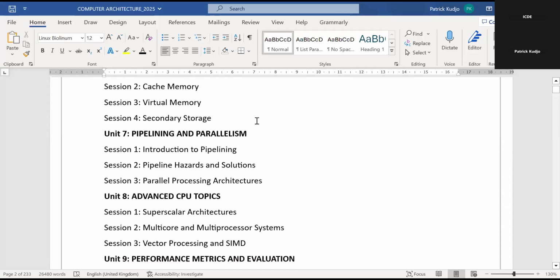Another vital topic within the context of computer architecture has to do with pipelining. So we'll look at the definition of pipelining, hazards, and then solutions, how we can solve them.